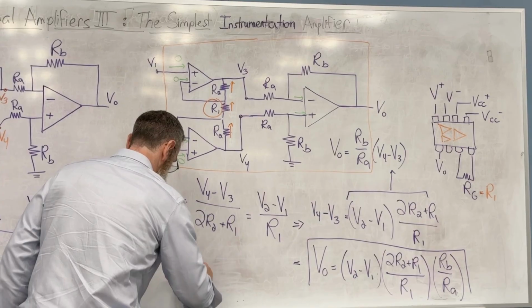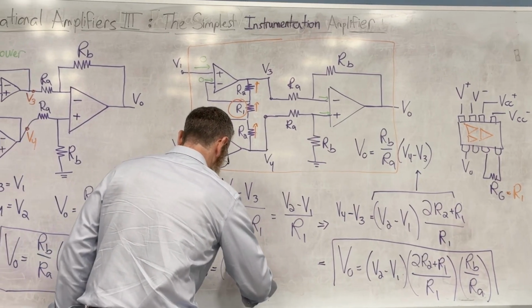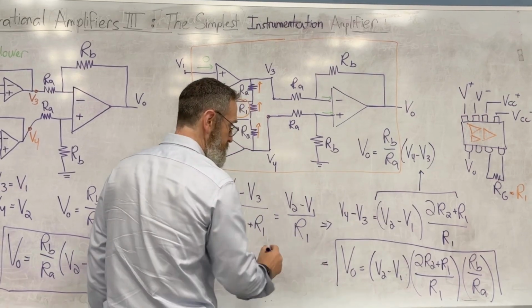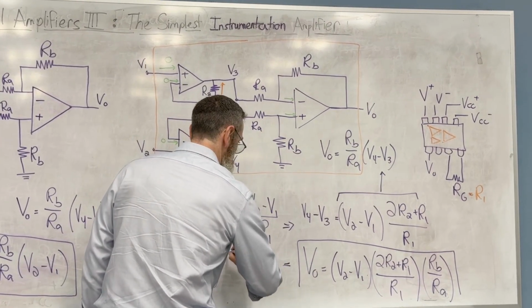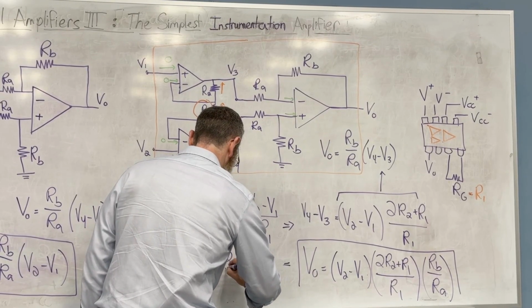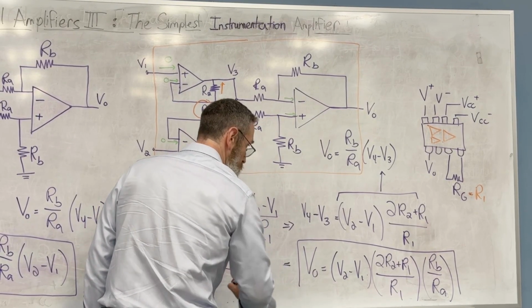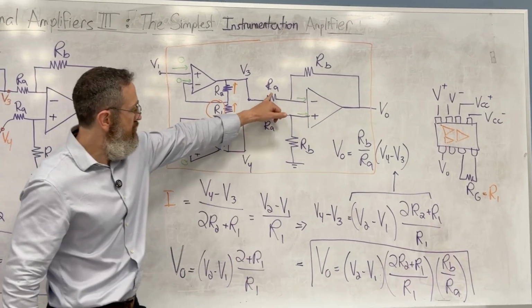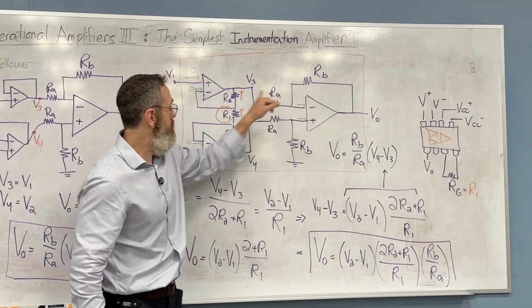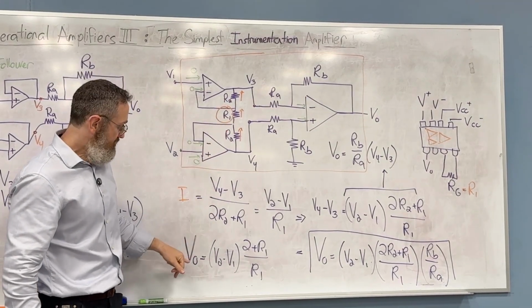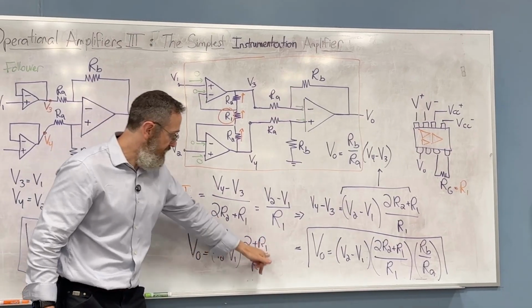V out is equal to V2 minus V1 times, and it's going to be 2 plus R sub 1 over R sub 1 times 1, right? So if all the other resistors are picked to be 1 ohm, then the only thing unknown is R1. And so the output is given by this equation here.